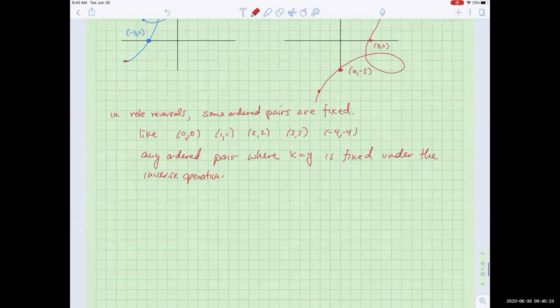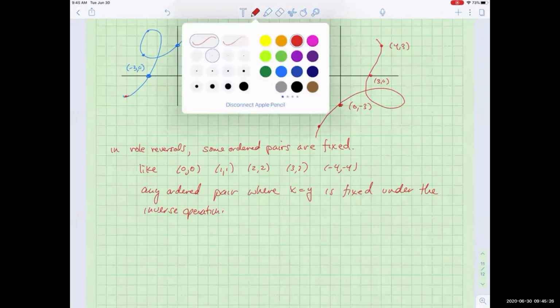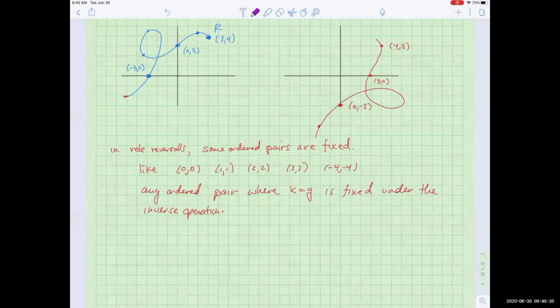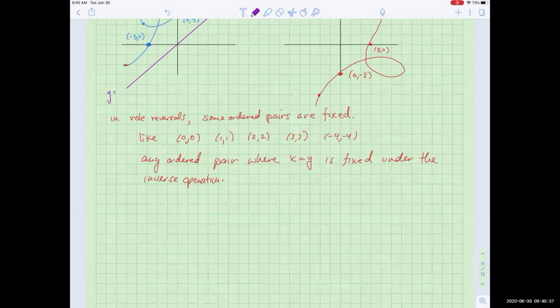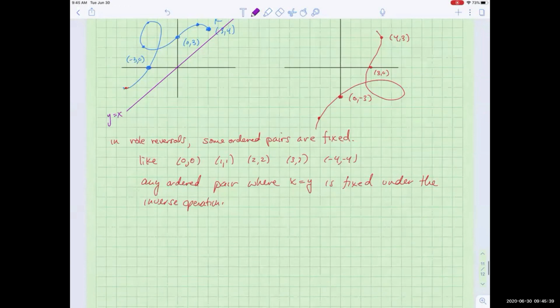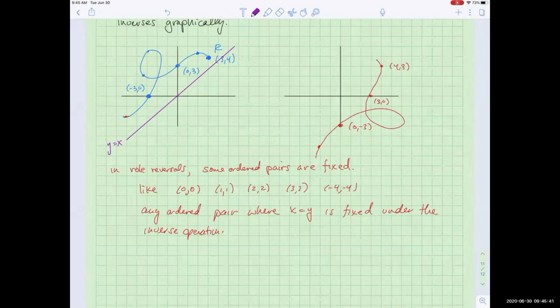So if we take a look at the line y equals x and pick this graph up, it's supposed to look like a mirror image across that line.